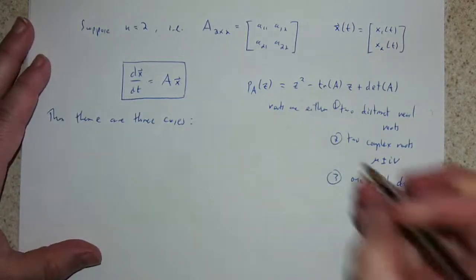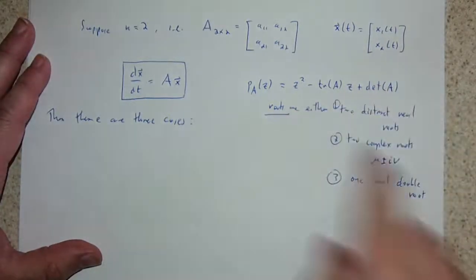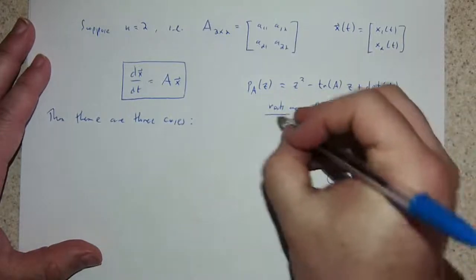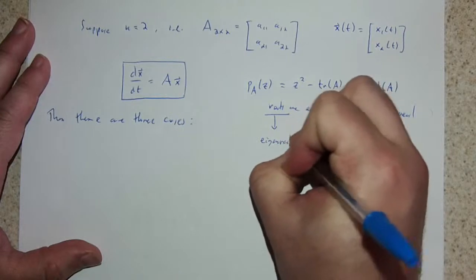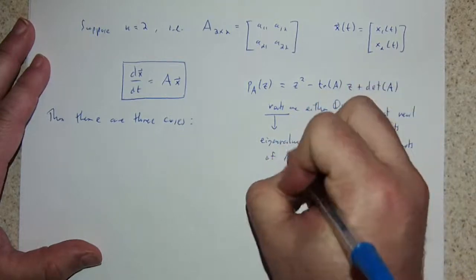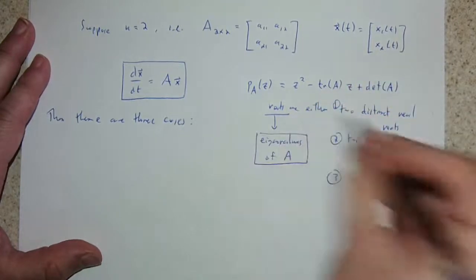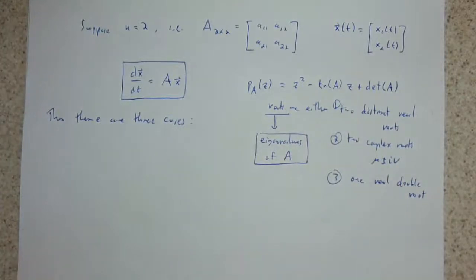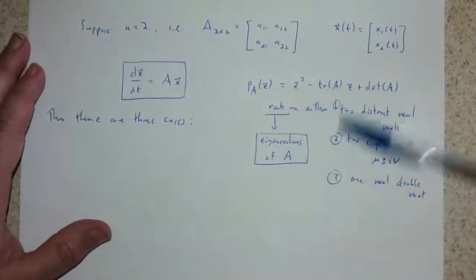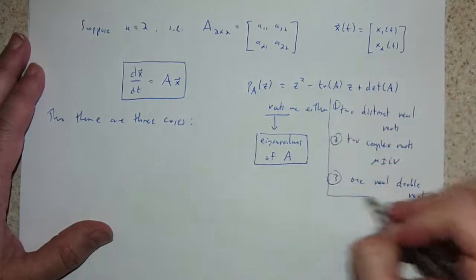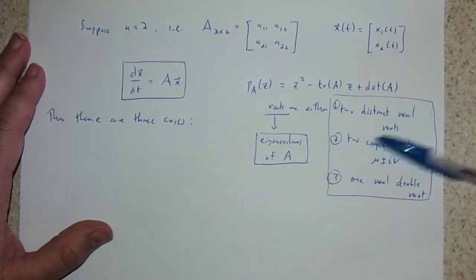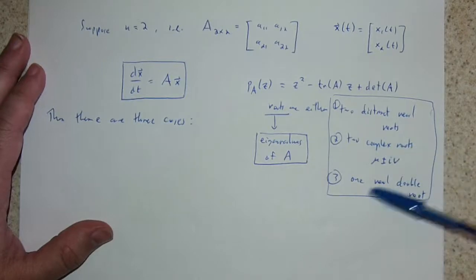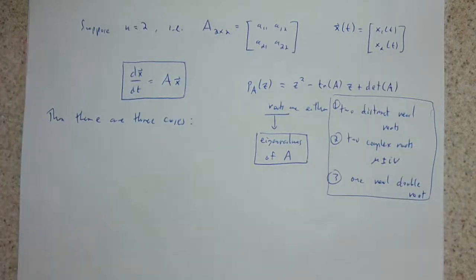Now of course, roots of this characteristic polynomial are really eigenvalues of A. And so a way of rewording this is to say that the eigenvalues of A fall into these three cases: two distinct real eigenvalues, two complex eigenvalues that come in a conjugate pair, and one real double root, or an eigenvalue with multiplicity 2.